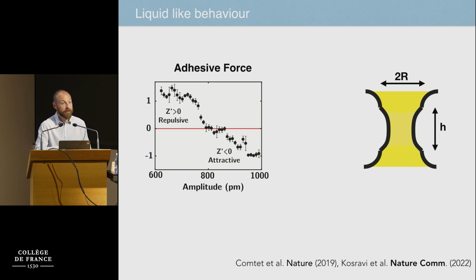At that time we thought it was most likely a liquid behavior of this junction, so a transition even to a liquid state. Right now we think it's more that we induce a reorganization and change in the shape of the junction, but that ends up having a liquid-like response.